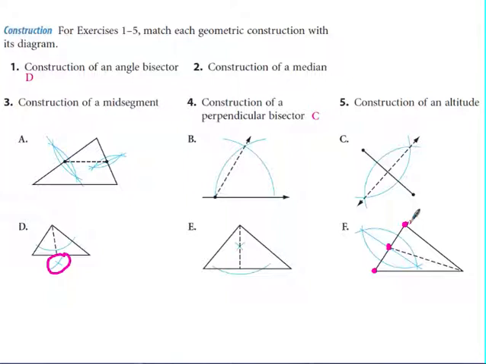It's smack dab in the middle, right? These two are the same. So a median goes from the vertex to the midpoint of the other side. So actually the construction of the median goes with F. There we go. So now construction of a mid-segment and construction of an altitude. We have 2 left, 3 and 5.